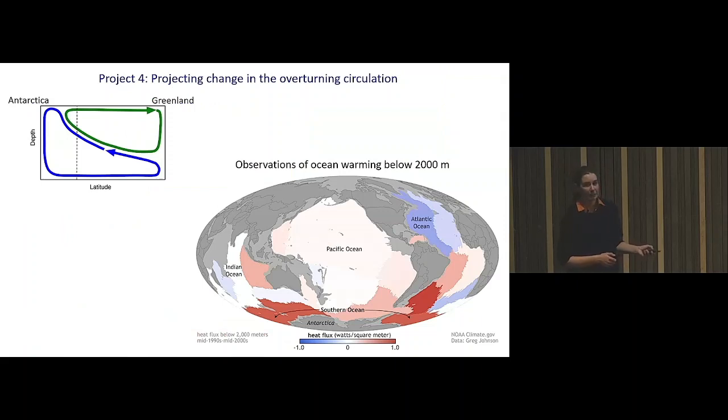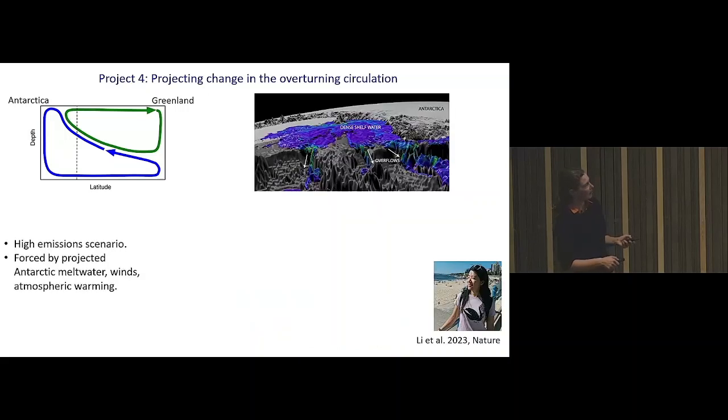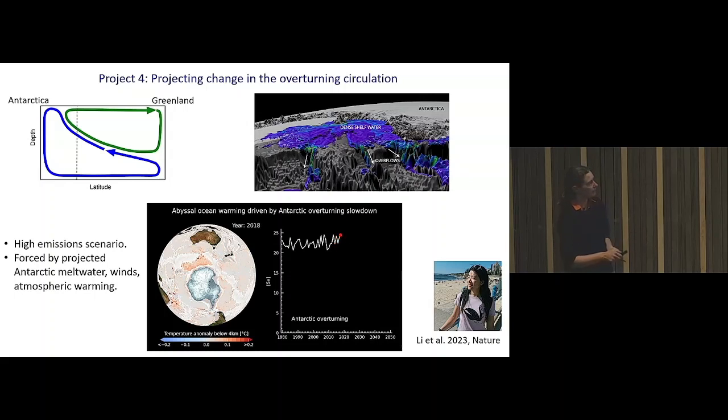I might skip this round very quickly. So this is just a recent study. Let's go quickly. There have been recent observations of warming in the very deep ocean around Antarctica. So we did some forward simulations, forcing our model with future projections of the atmosphere. This came out recently this year, led by Qian Li, who was a postdoc at UNSW.